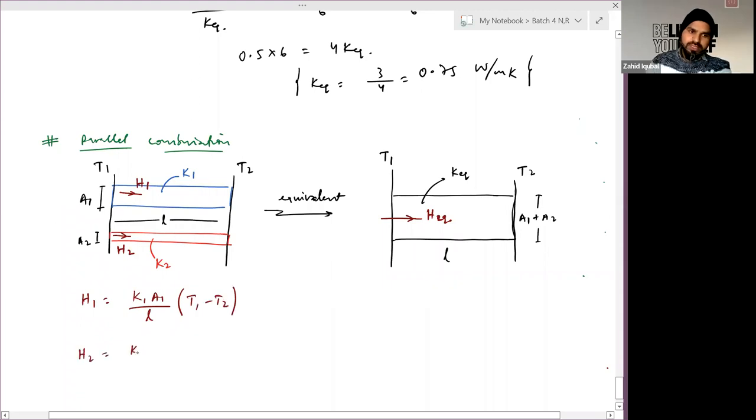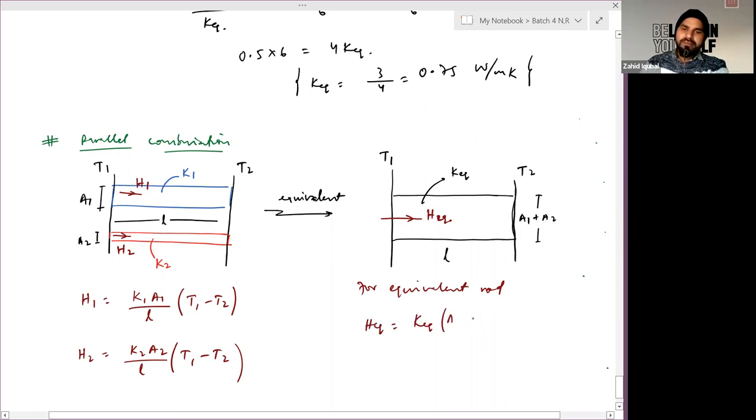H2 equals K2 A2 divided by its length, times T1 minus T2. Now for the equivalent part, H equivalent equals K equivalent times A1 plus A2 divided by its length L, times T1 minus T2.